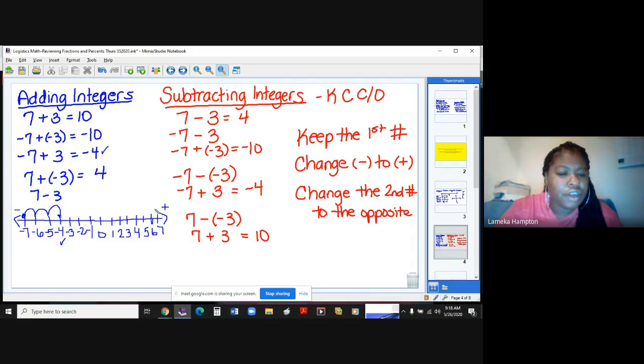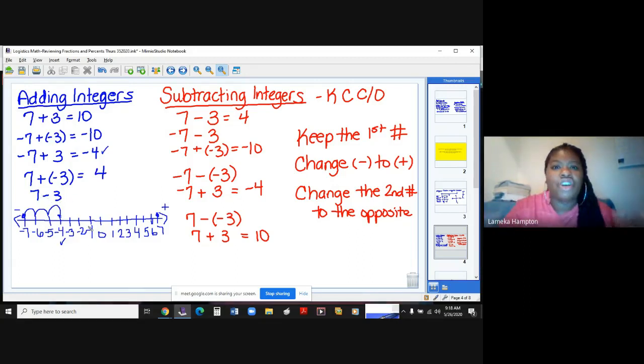Okay, so I'm going to start here at +7. I'm starting with 7 because it's positive right here. Now, it says plus -3. This is actually the same thing as saying 7 minus 3, which we know to be 4.